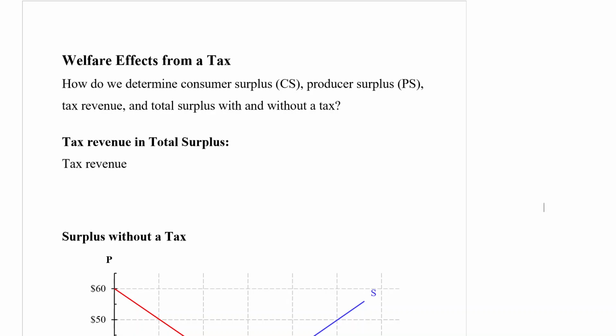One thing that we're going to have to deal with is what happens in our idea of total surplus with tax revenues. Ultimately, tax revenue is going to be put into total surplus because tax revenue can fund beneficial services.